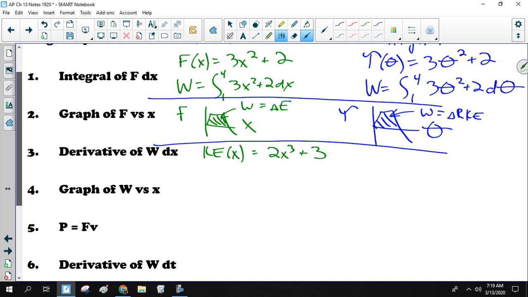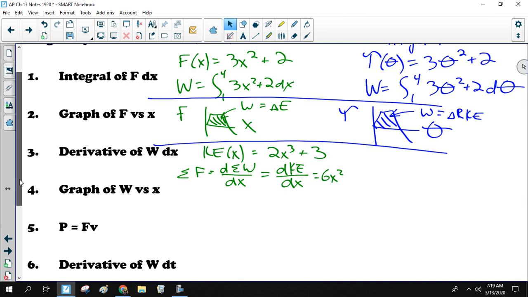So then you go, oh, well, let's see. Net force is the derivative of net work with respect to position. Change in net work is the same as change in kinetic energy. And so just take your derivative, right? So you get 6x squared, right?